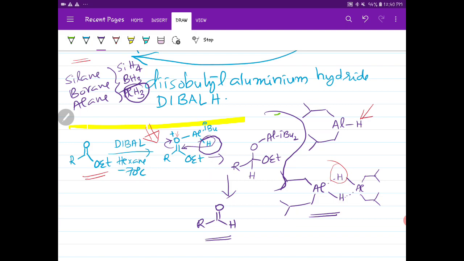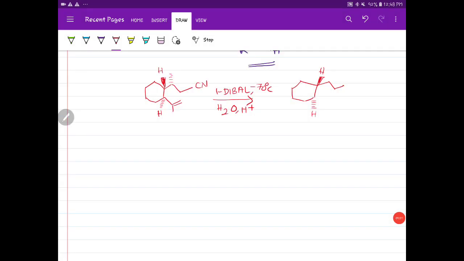And interestingly, this reduction will happen even at minus 70 degrees Celsius, and the yield of the reaction is found to be 88%. Wow, it's a wonderful yield. Interestingly, even DIBAL could be utilized for the reduction of nitriles to aldehyde.